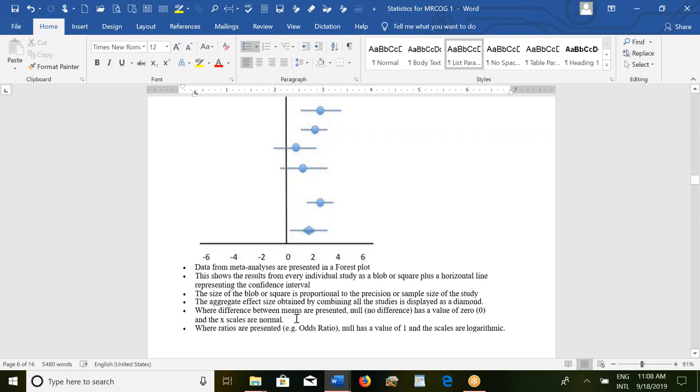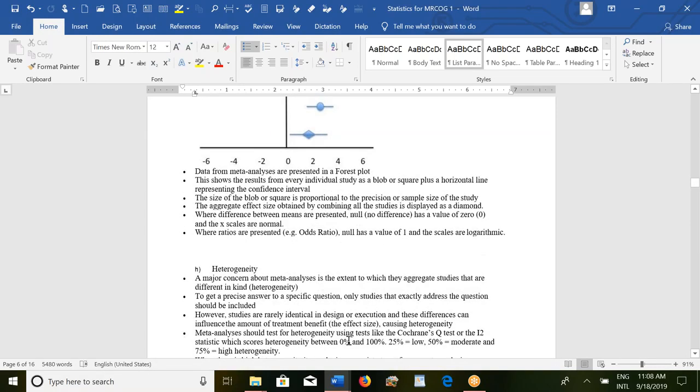Where differences between means are presented, null means no difference. Null has a value of 0 and the x scales are normal. Where ratios are presented, like odds ratio, null has a value of 1 and the scales are logarithmic.